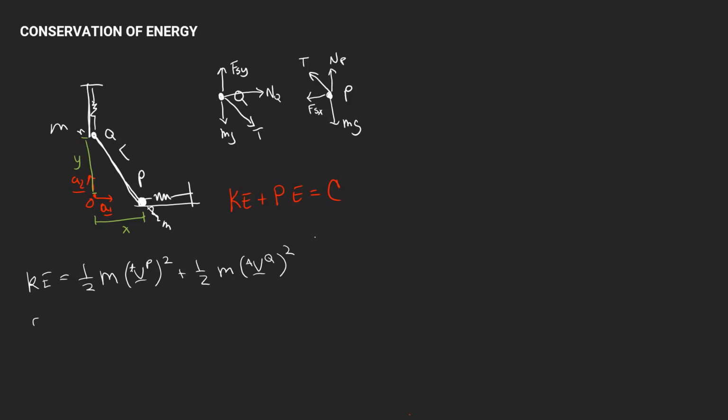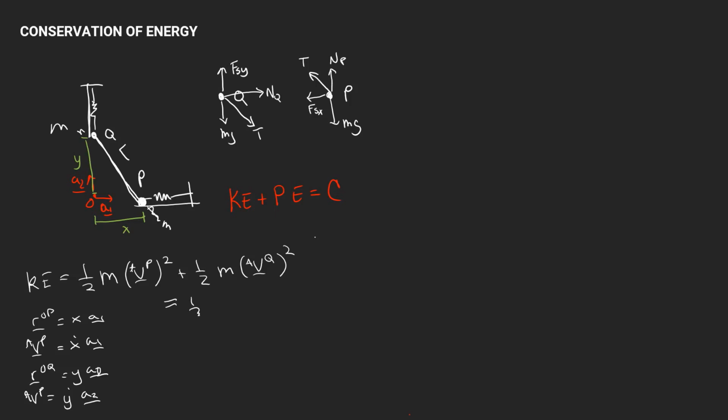So the position of P is equal to x a1, and the velocity of P then is equal to x dot a1. The position of Q is equal to y a1, and then our velocity is equal to y dot. Oops, sorry. This is a2. So we can plug those into our equation here.